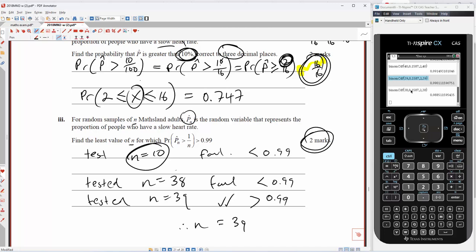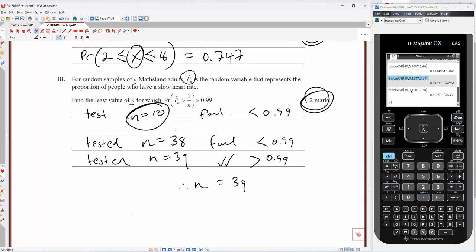I'm sure if you look up the examiner's report, you'll find a more algebraic method of doing this. It'll be like the probability that x is equal to 2 plus the probability x is equal to 3 plus dot dot dot, greater than 0.99.